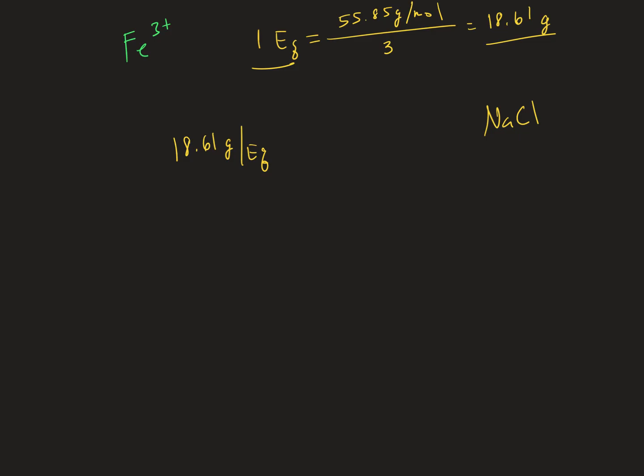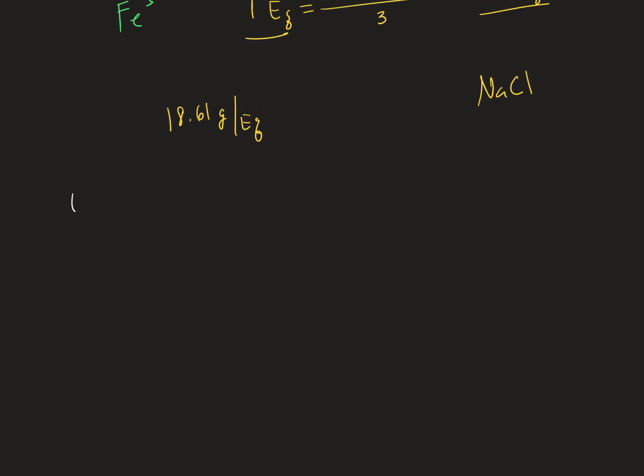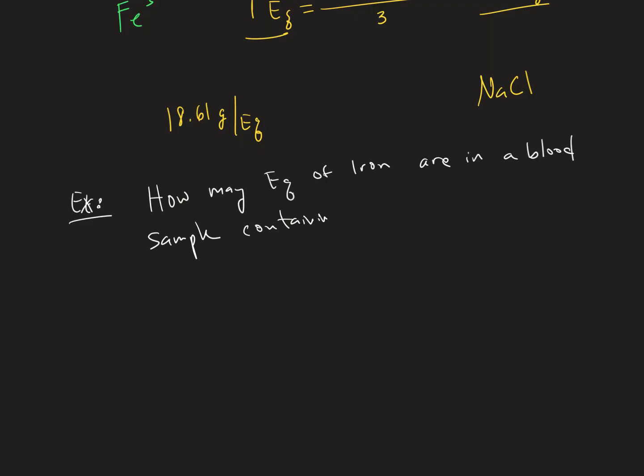So now let's do a problem off of this. How many equivalents of iron are in a blood sample containing 0.00120 grams of iron in 50 milliliters of blood?